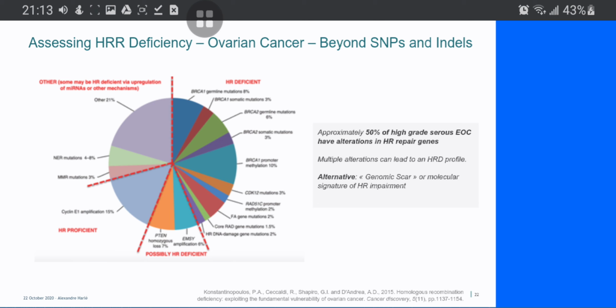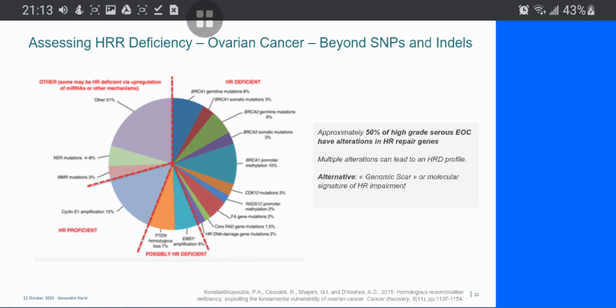Interestingly, you can also see that loss of PTEN or amplification of MYC are associated with possible HR deficiency. The conclusion is that approximately 50% of high-grade serous ovarian cancers have an alteration in HR repair genes.